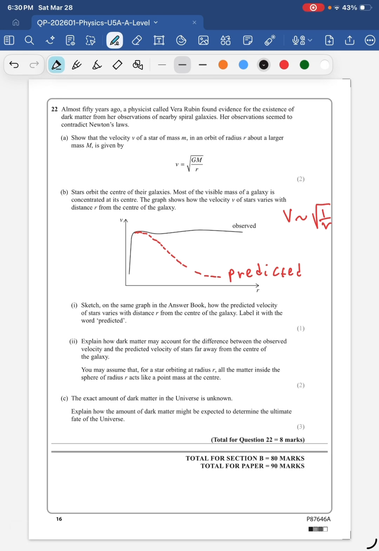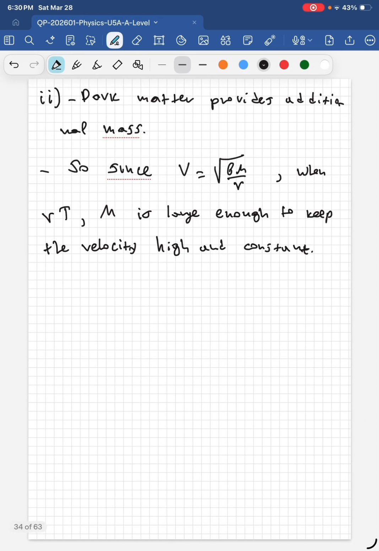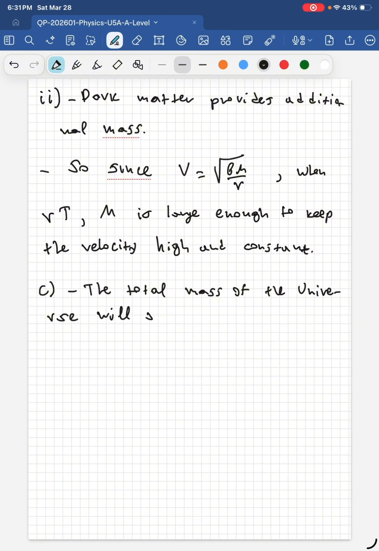Okay, part C. The exact amount of dark matter in the universe is unknown. Explain how the amount of dark matter might be expected to determine the ultimate phase of the universe. Okay, so let's answer it here. So the total mass of the universe will be higher than the one we know.